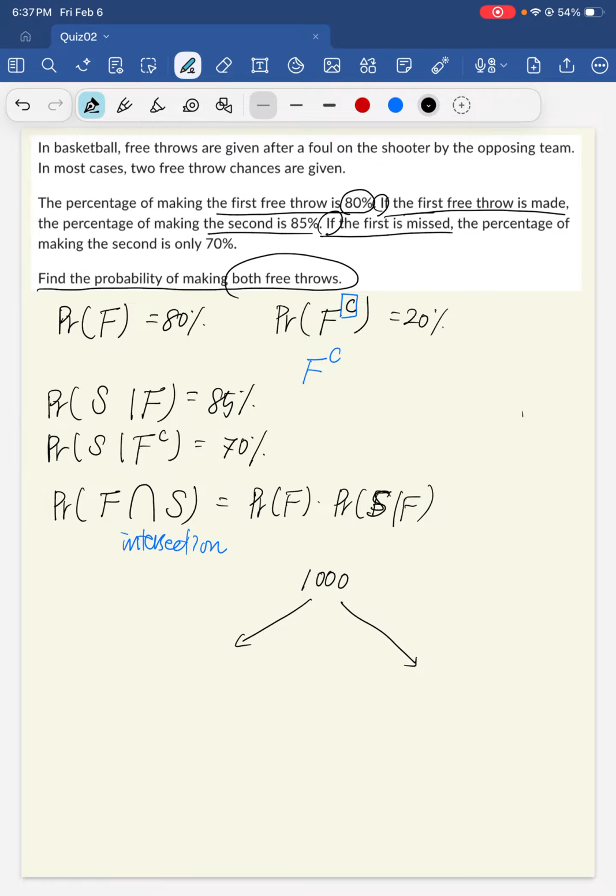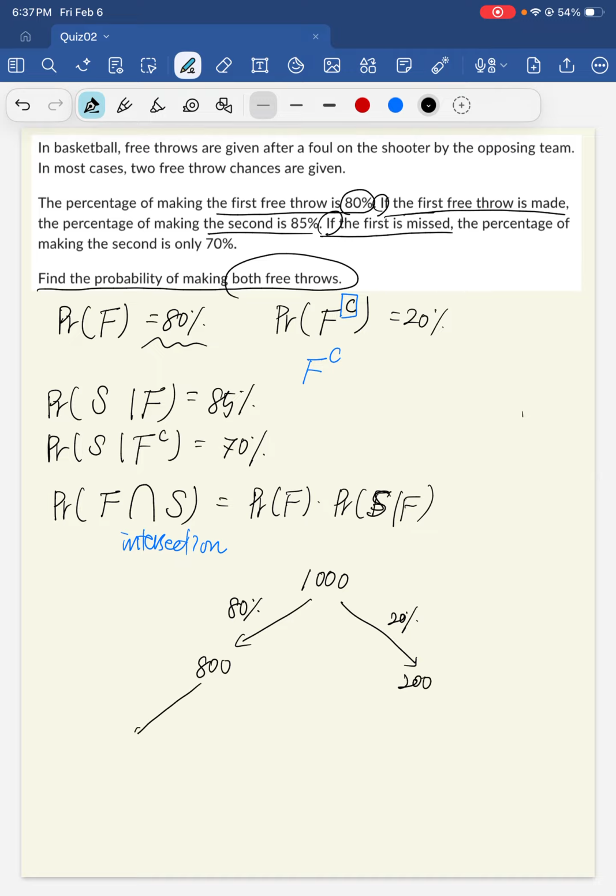Then 80% of them you are going to succeed in at the first chance. 80% you make the first one, and 20% of them you fail. So 800 times out of 1,000 fouls, you are going to make the first free throw, right? And the other is 200.